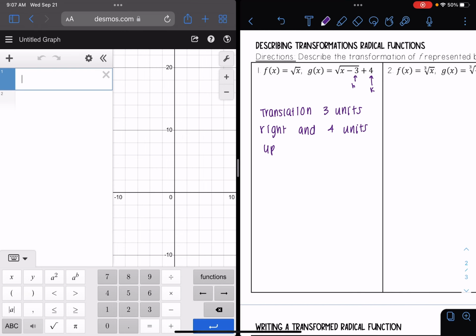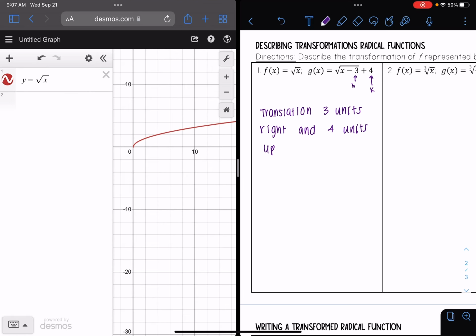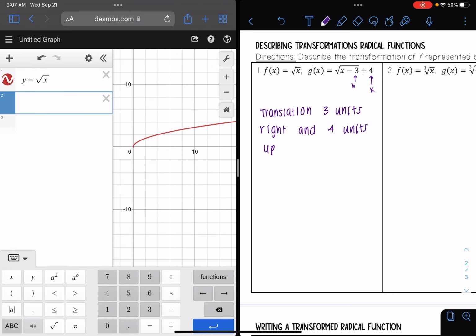Coming over here into Desmos, I'm going to first graph the square root of x. So I have y equals square root of x, and we see that graph here. Now let's look at how it's transformed with g of x. So g of x is y equals square root of x minus 3 plus 4.